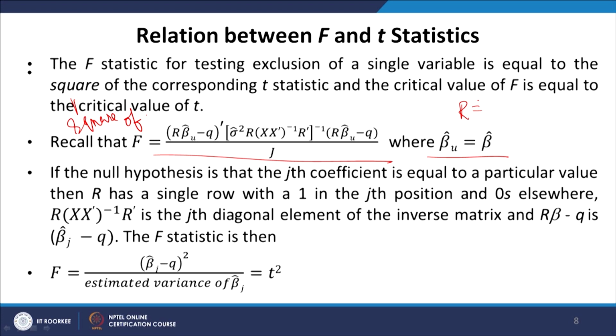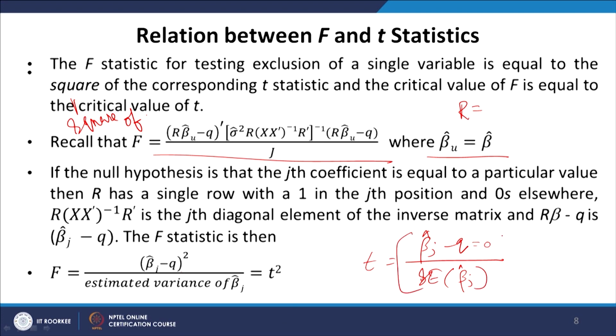Then this F statistic is beta j hat minus q whole square divided by the estimated variance of beta j hat, and if you remember, the t statistic is beta j hat minus q, where this is the null hypothesis, and we have the standard error of beta j hat in the denominator.